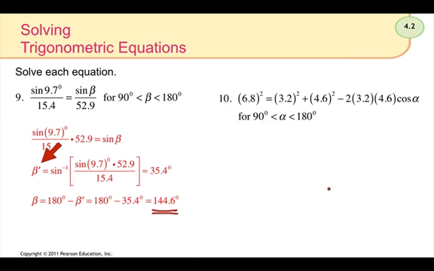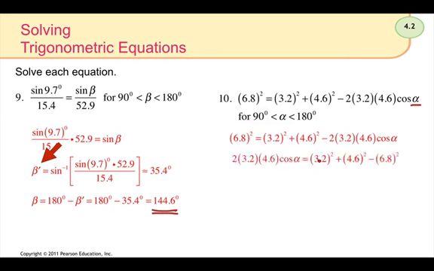So another equation, you need to solve for alpha. So first you need to isolate cosine of alpha. It's going to take a little bit of algebra. Just rewrite this. What I did is I move all of this to the left hand side, and then I move the 6.8 squared to the right hand side, and this is what I get.